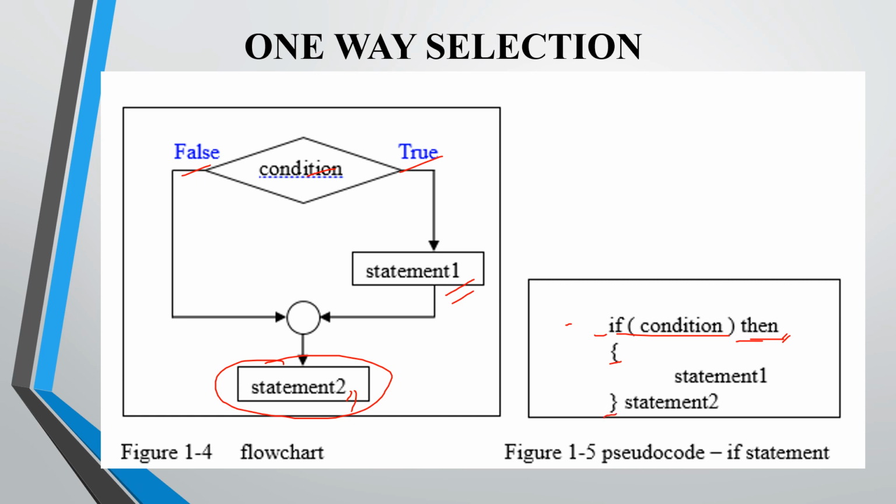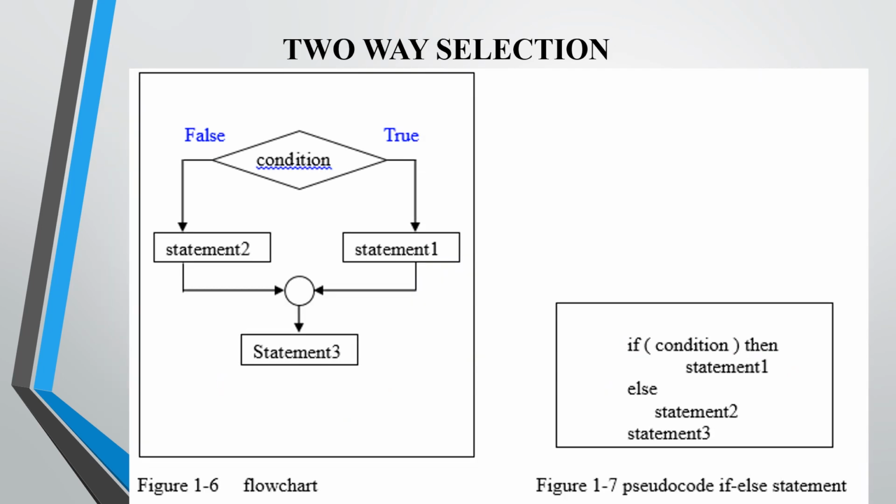Inside these open curly braces is our statement 1. So whether true ang condition, perform ang statement 1, and then after that, perform pa rin ang statement 2. Kapag nag-false ang condition, it will perform statement 2. So tama yung ating pseudocode based dito sa ating flowchart.